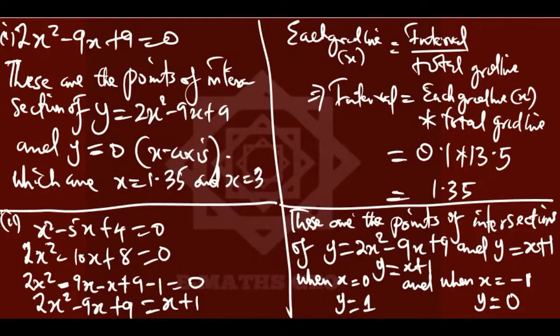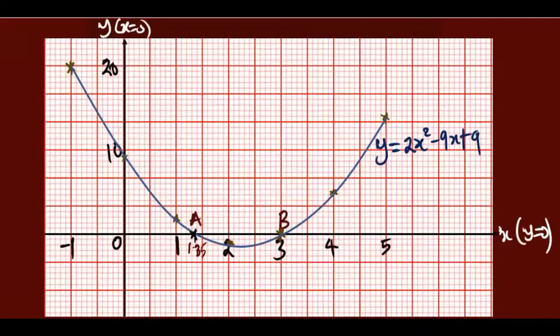So let's locate when x is 0, y is 1. So we locate when x is 0, y is equal to 1. And remember, we are using the same graph. So I will know that each of the grid line for y is 0.667. So I do 1 over 0.667. So I get 1.49.